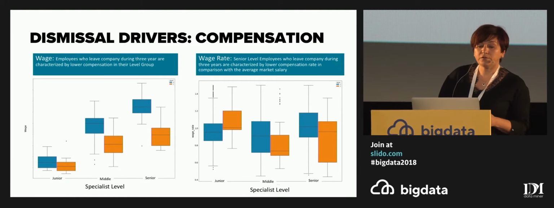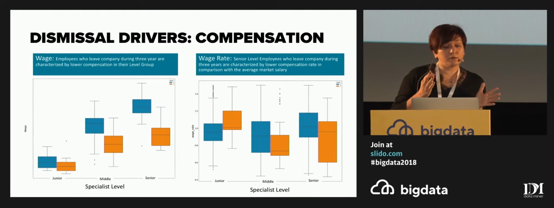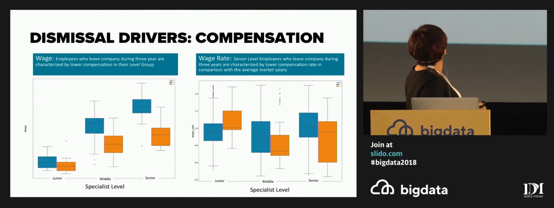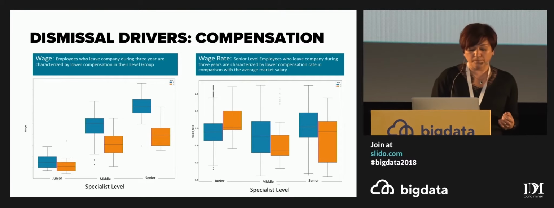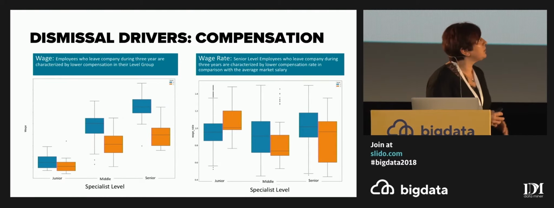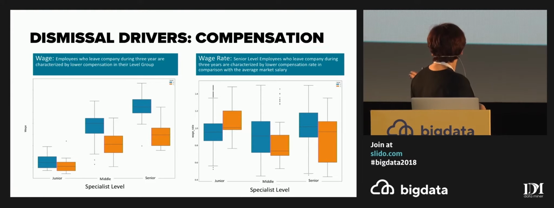It's quite interesting because employees who leave the company during the first 3 years are characterized by low compensation in their level group. Please keep in mind that in this case we do not divide employees into competence groups. We just consider the level group like senior, middle, and junior.